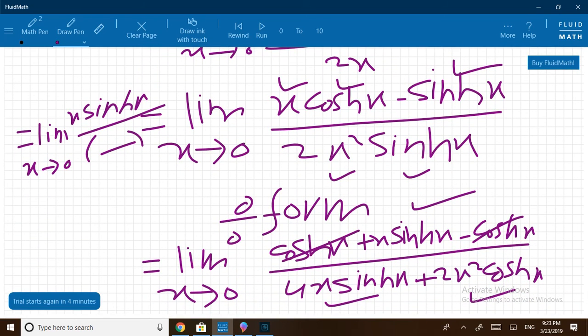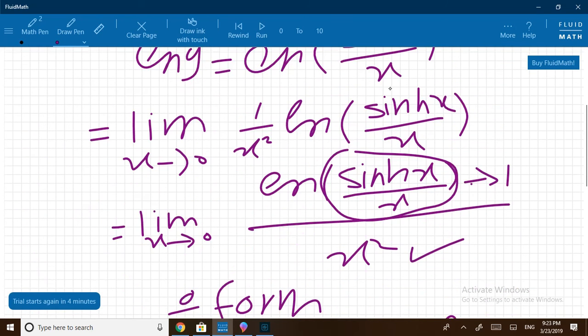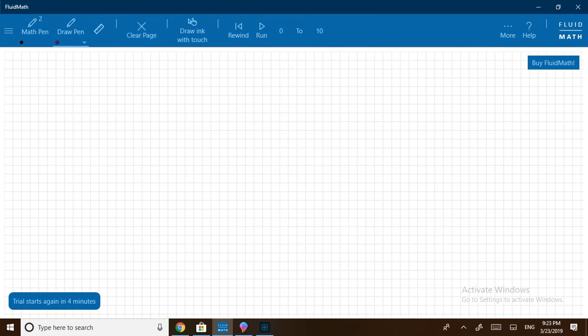Okay, so we write only these terms: x sinh x in the numerator, one term, and in the denominator there are two terms, 4x sinh x plus 2x square cosh x. These two terms will be written. Okay, I'm going to clear this page.